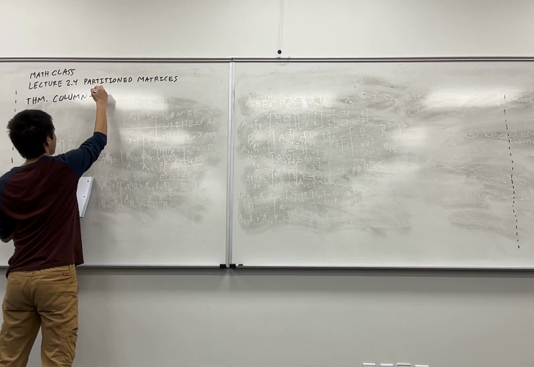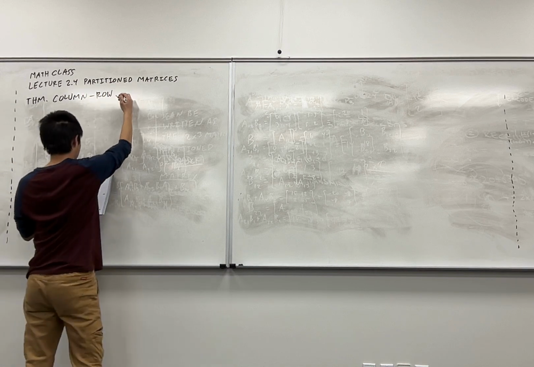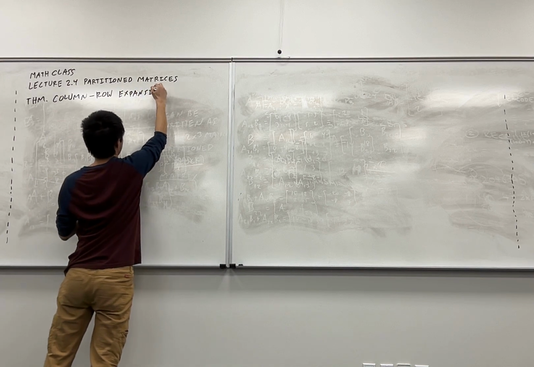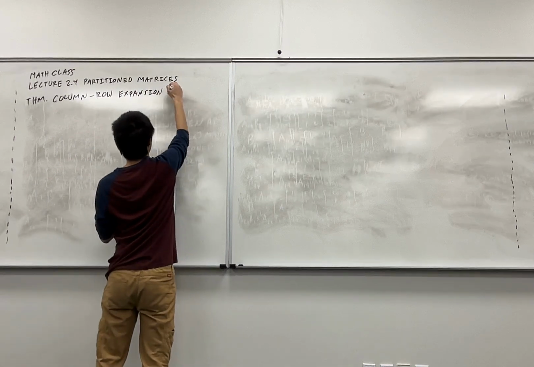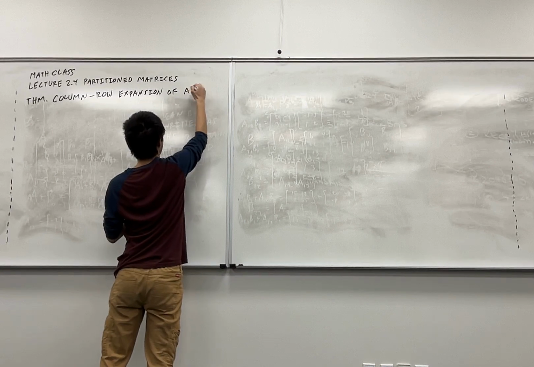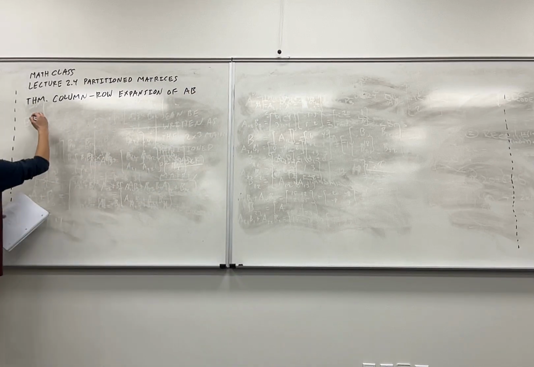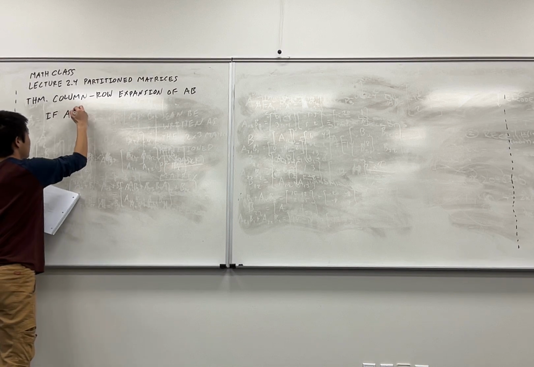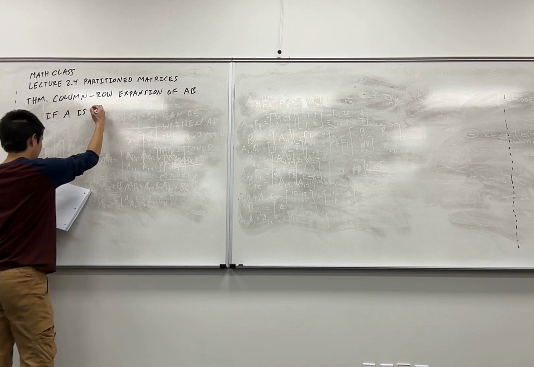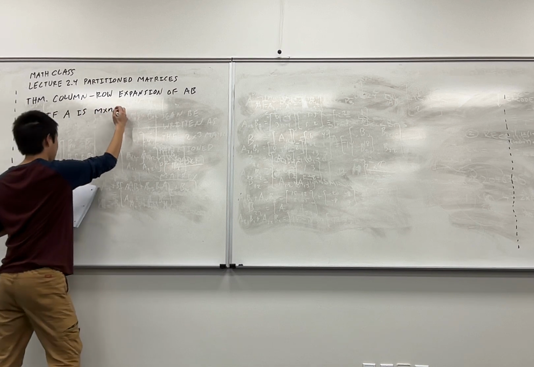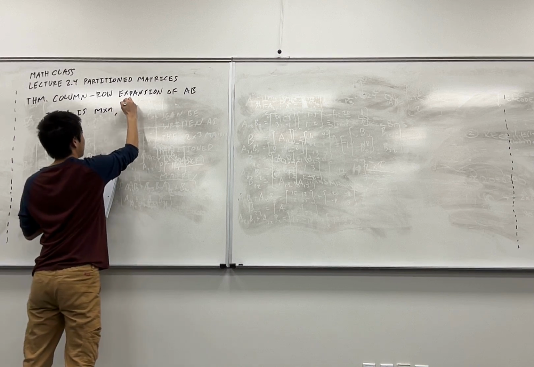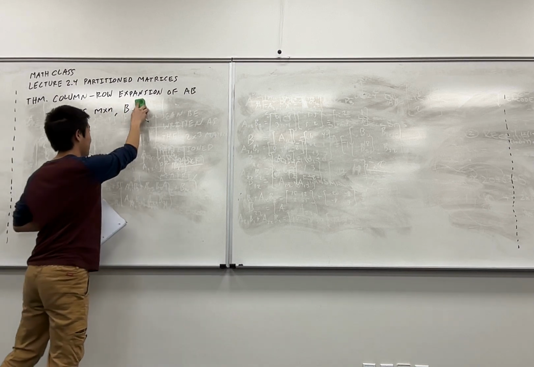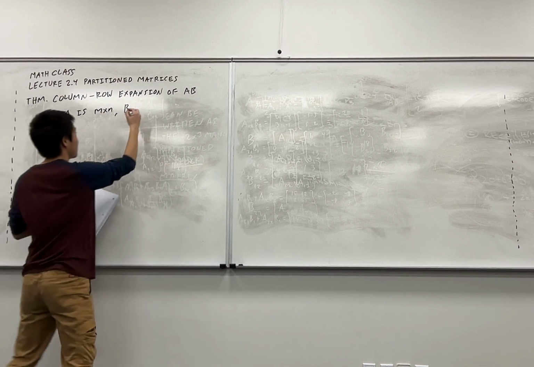Okay, column-row expansion of a product AB. So if A is M by N and B is N by P. It's going to take me a few weeks to get used to the font change.